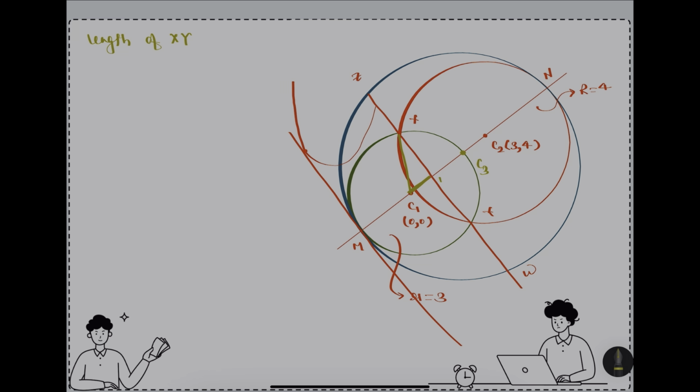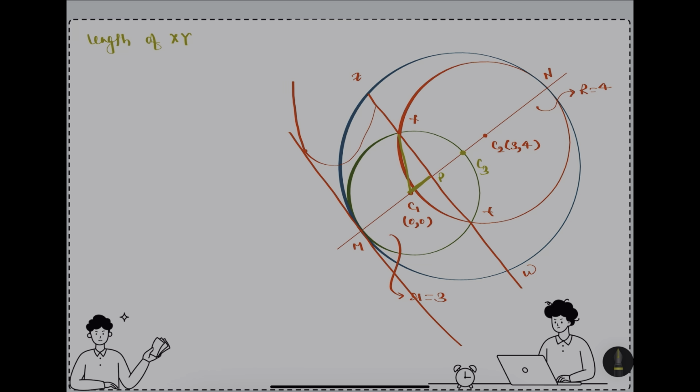For reference I am taking this point as P. So I'll go with C1P. We have to find the equation of line, then only we can find the distance. So how will we find the equation of line XY? If you observe, we are interested in X point and Y point, so X point is common for the red circle and green circle.